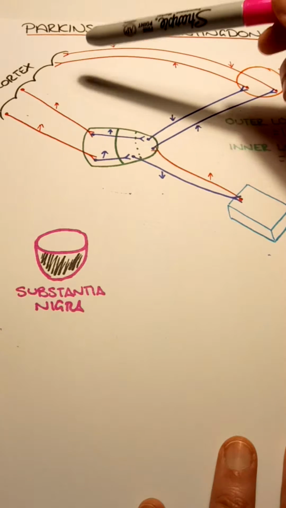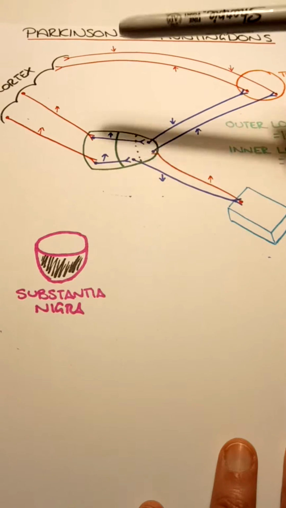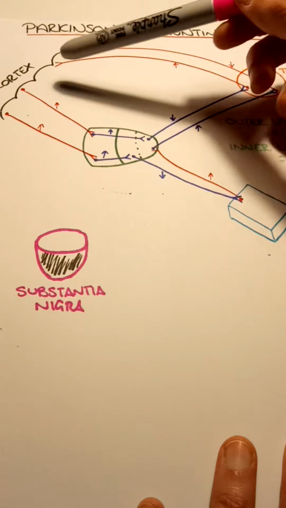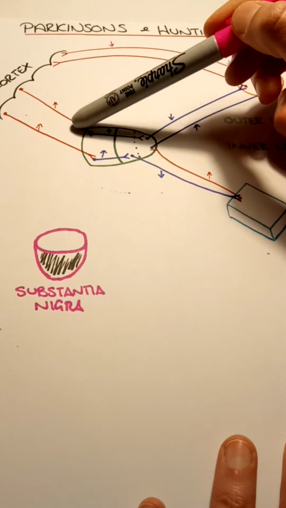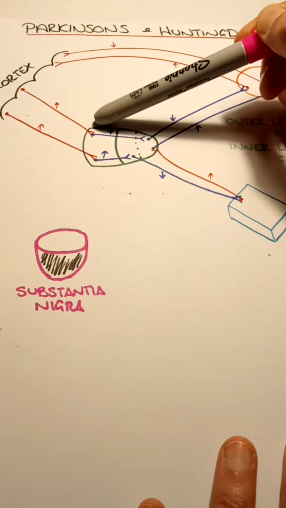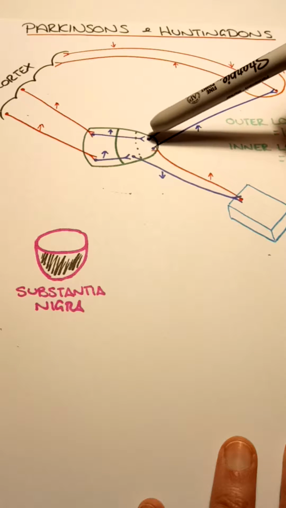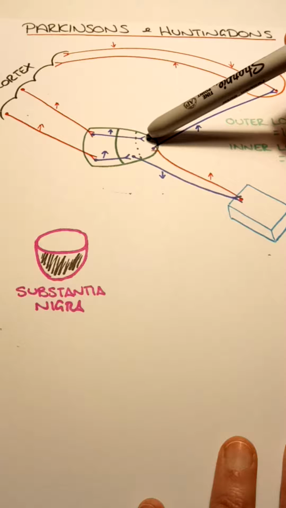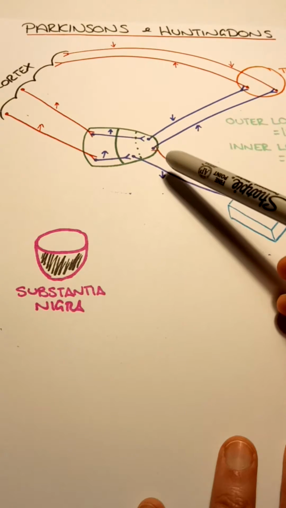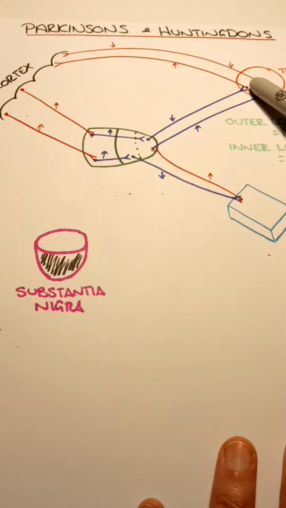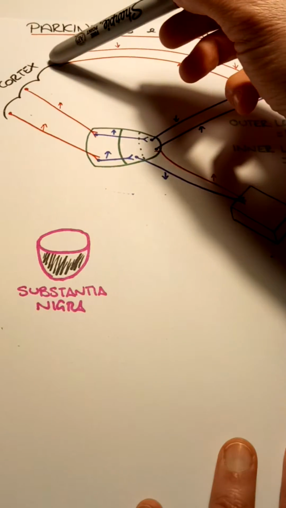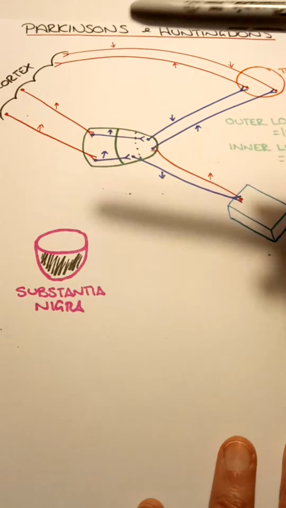Then the inner loop here is your direct pathway. This is exciting the cortex, so getting in more movement. We come from the cortex into the putamen of the lentiform nucleus, shooting across to the globus pallidus internus, over to the thalamus, where we are encouraging excitatory neurotransmitters to go to the cortex: excitation, more movement.